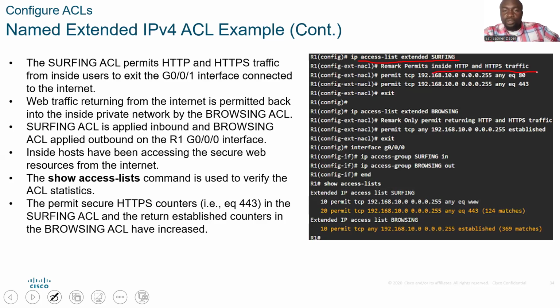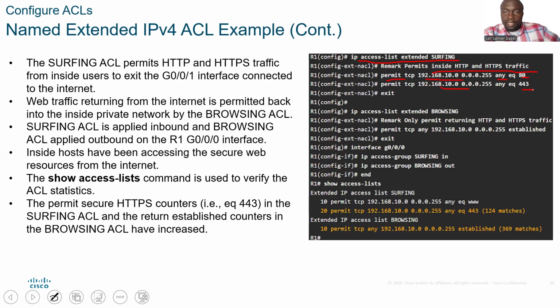How do you permit it? You permit the IP block going to any destination for port 80. 80 means it's browsing, right? The same thing, 443, that means browsing securely, right? So it's permitted, and then it's exited.